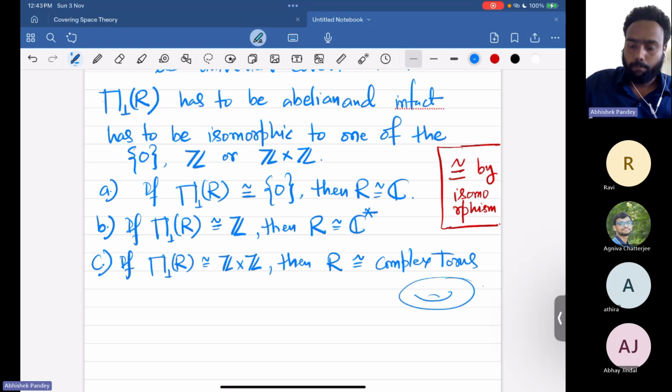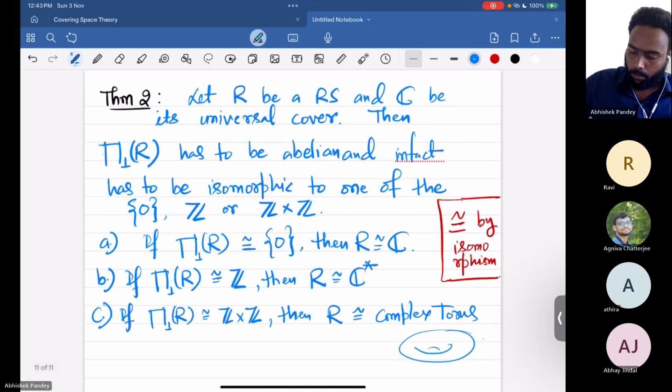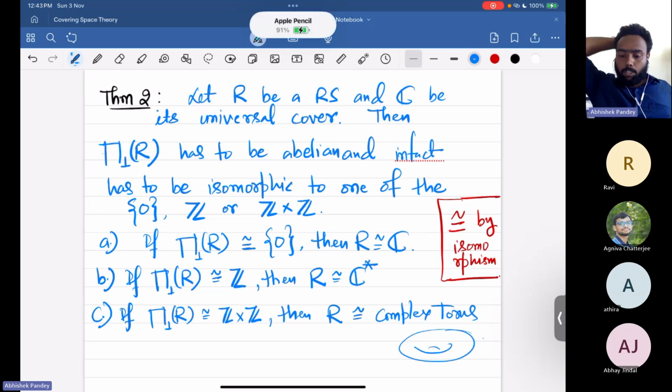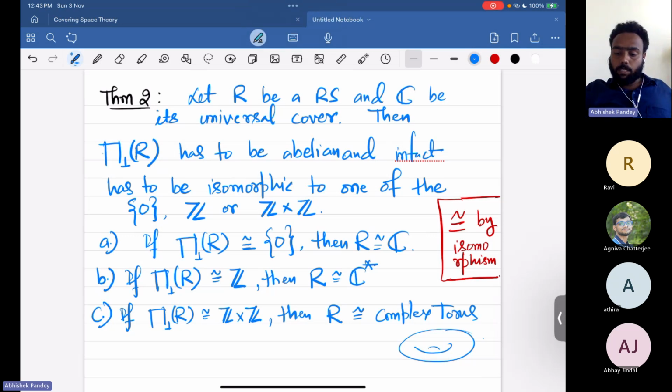So again, this gives us that up to conformal equivalence, the Riemann surfaces having the complex plane as universal cover are nothing but the complex plane, the punctured complex plane, and the complex torus. Is it clear? I hope the statement is clear.